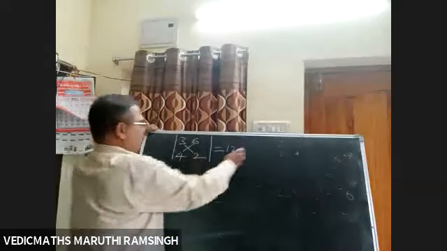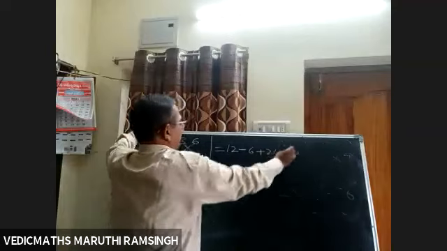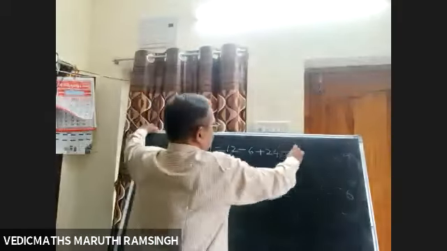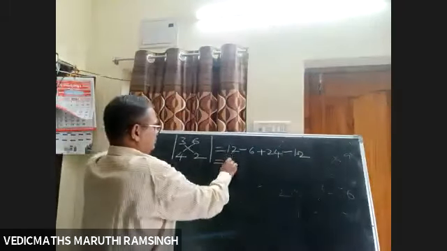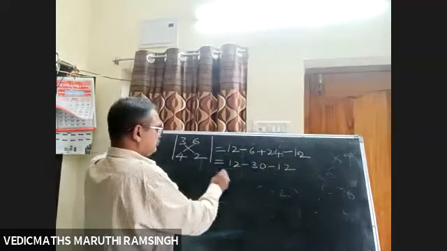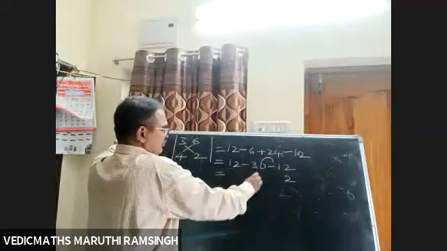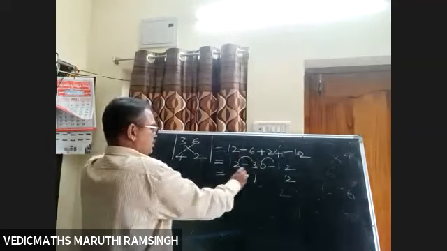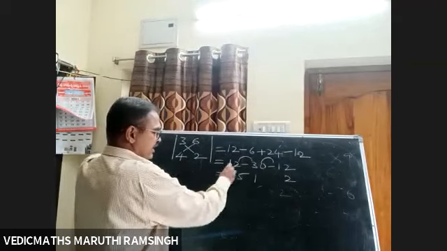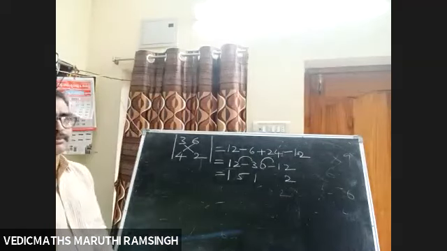Crosswise, 3 2s are 6 plus 4 6s are 24 dash. Right side vertical, 6 into 2, 12. 12 dash 30 dash 12. Answer starts. 2 comes down into answer. 1 plus 0, 1. 3 plus 2, 5. And there is 1 in the left side end. Write down in the answer. 1512 is the answer.